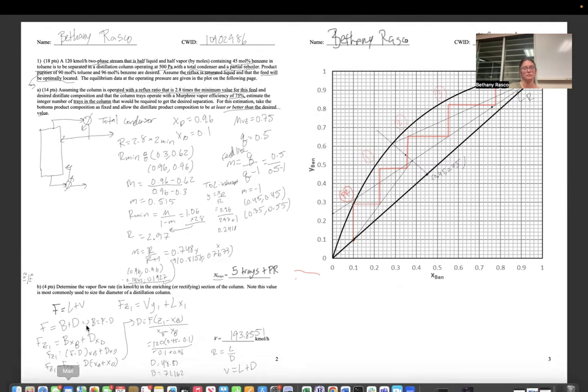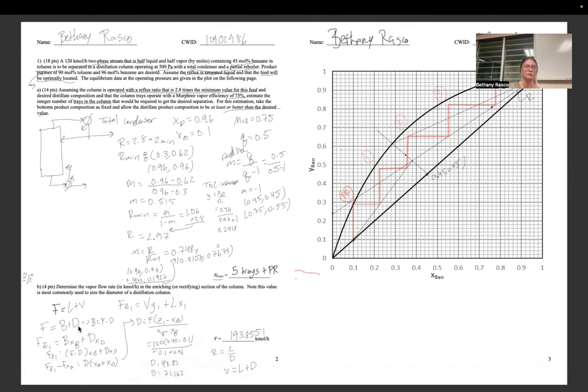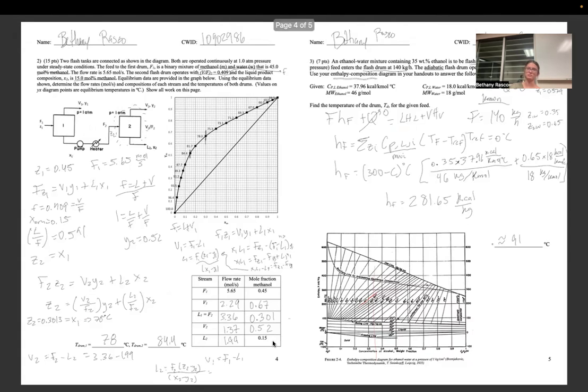So F equals B plus D, and the component balance of that to get B and D. Then I used the definition of reflux as L over D, and I got V equals L plus D, because the vapor is this line, and this is D and that's L. So the vapor has to be L plus D, and I got the vapor to finally be 193.8551.